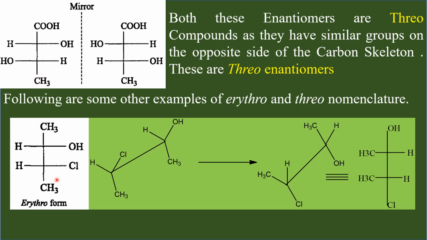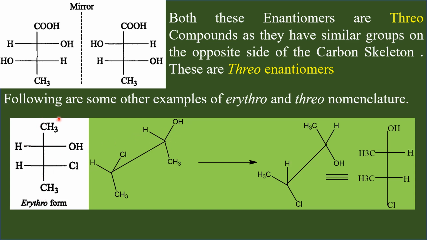If you find it difficult, you can just examine by converting this Fischer projection into Sawhorse formula. This is the carbon here in the front, and this is the carbon at the back. In this carbon you have hydrogen and chlorine in the arms, and in this carbon you have hydrogen and OH in these arms.